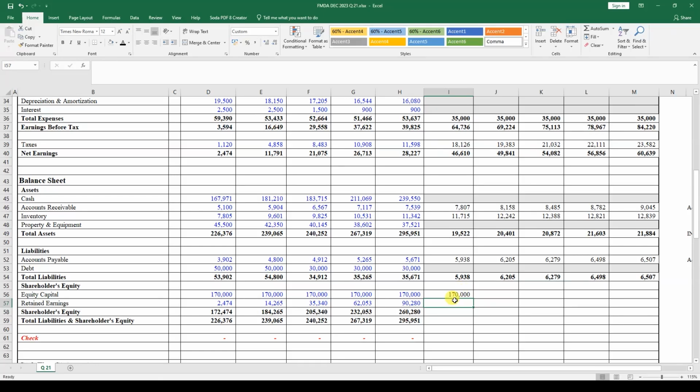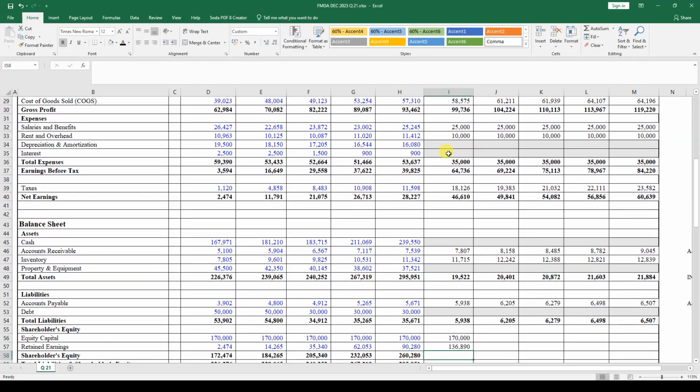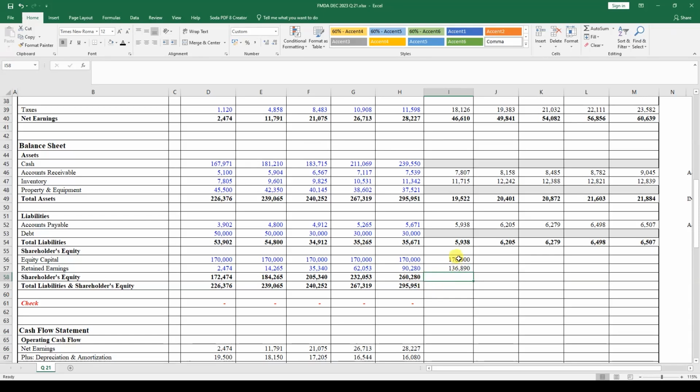The retained earnings is driven by the previous retained earnings plus the net earnings for the current year, which is this one here. Remember, this value is going to change because of these two, depreciation and interest. Enter. We drag them towards the right. And this one remains like so. So shift, control R. So it picks the formulas as they are.